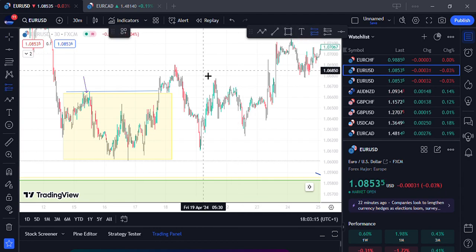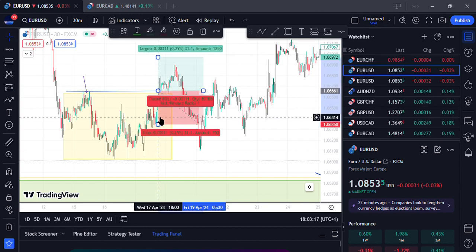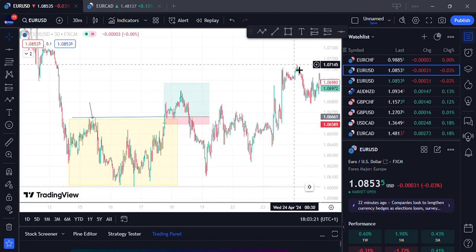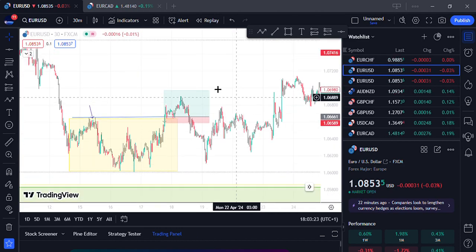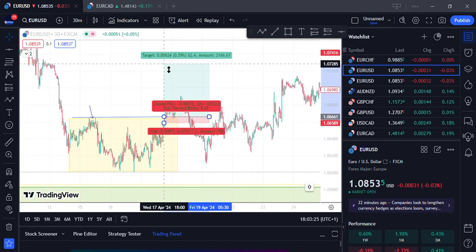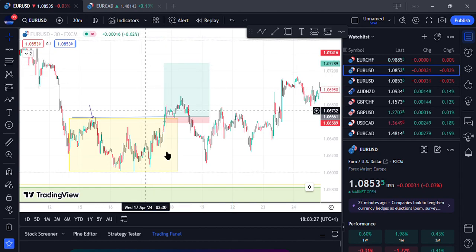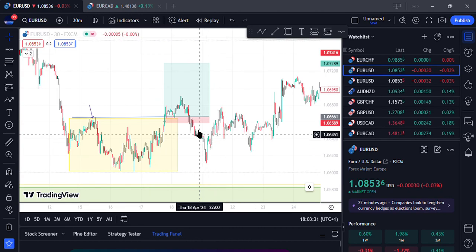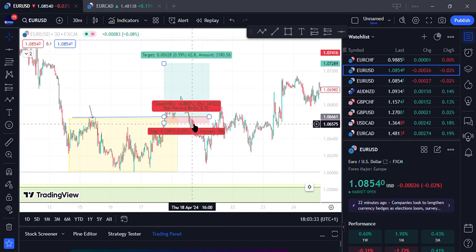You bought from this zone after it broke above it, and you are targeting this new support level, maybe as far as here. Then boom, the market just gave you a few pips and then it came back again and took out your stop loss.